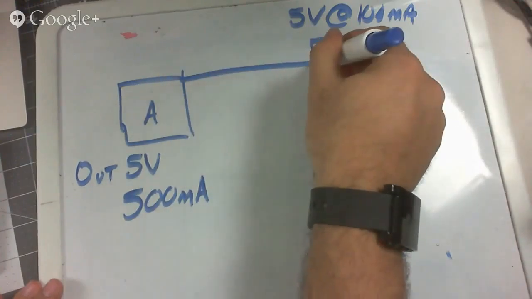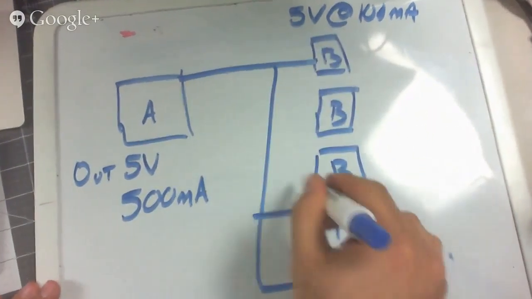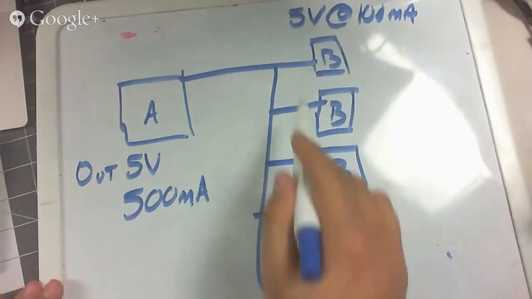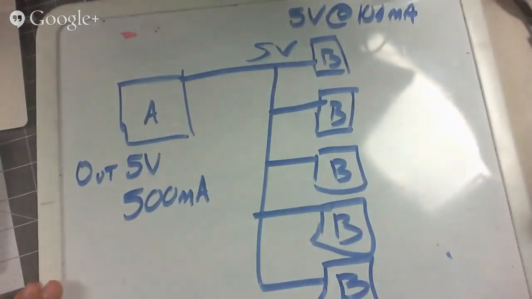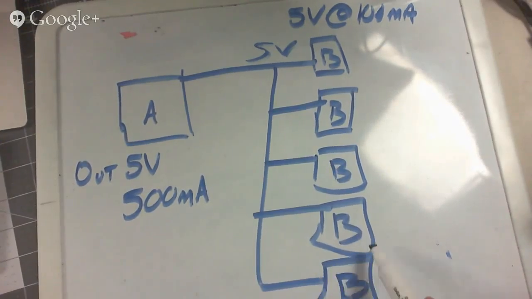I could divide out into each one, because each one would draw its 100 milliamps. We're all working at 5 volts. The electronics inside will suck down the current it needs.